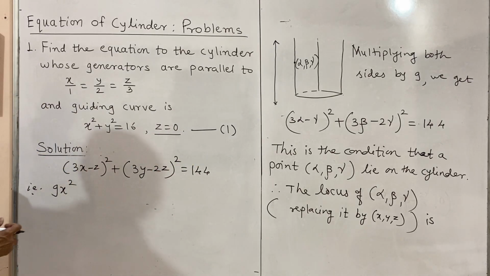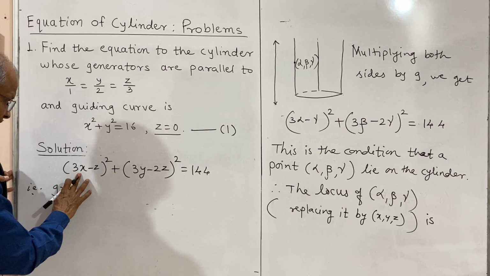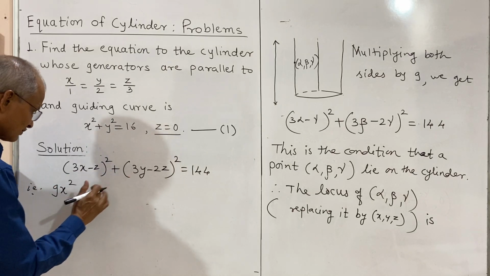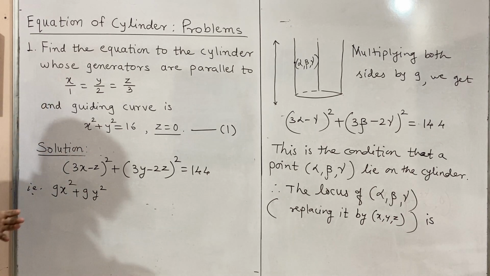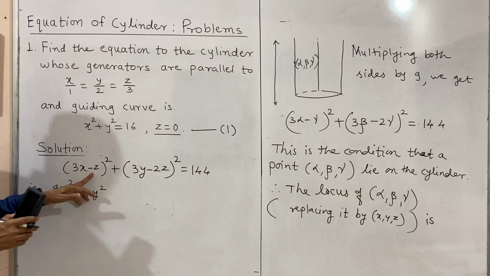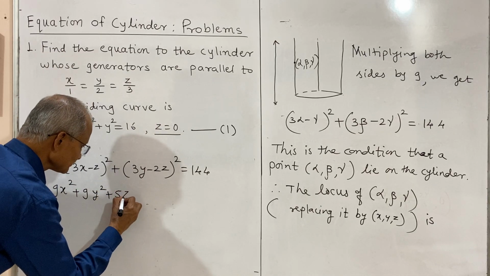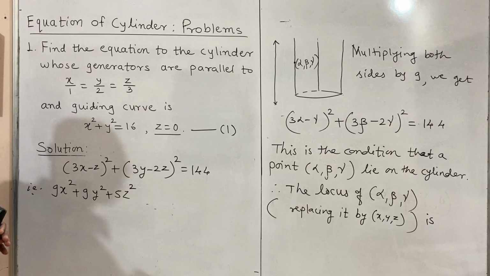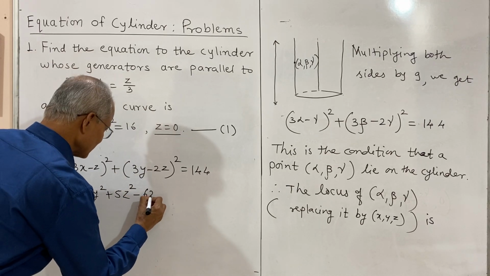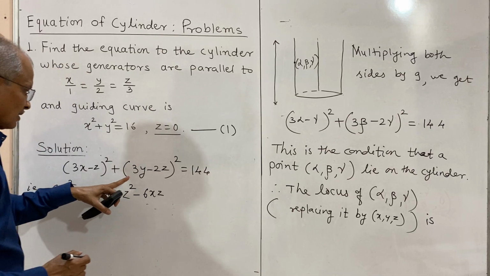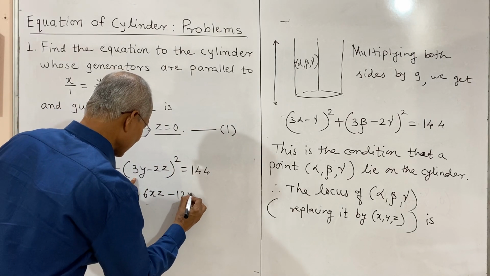So we shall write the square terms first: 9x square, then 9y square, which you may verify, and z square plus 4z square, that is 5z square, and then the term of xz which is minus 6xz, and the term of yz, that is minus 12yz.